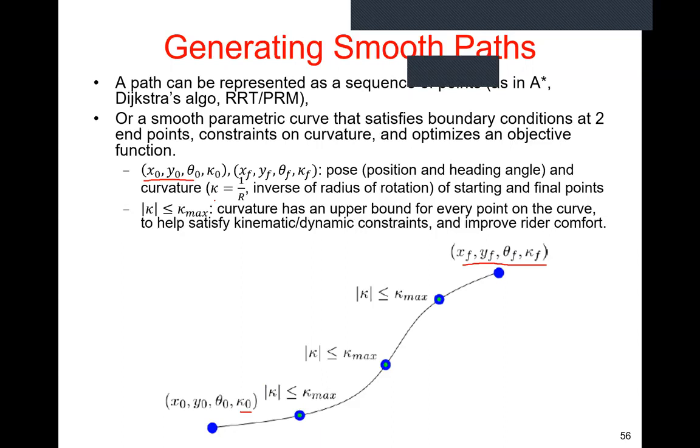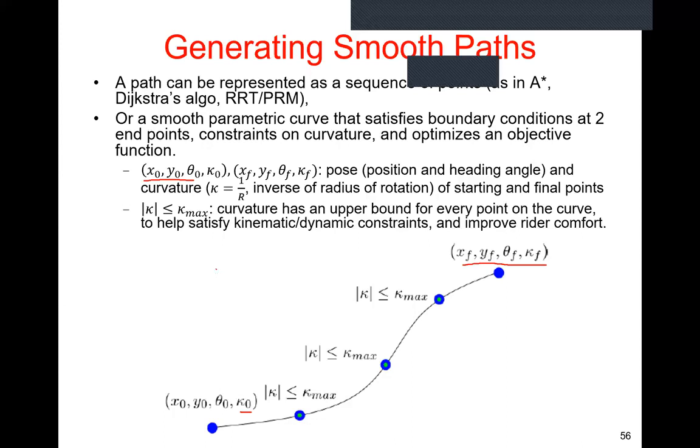If you recall, in the kinematic bicycle model, the rotation is around the instantaneous center of rotation. So obviously, a higher curvature makes it harder to track. And that's the two endpoints.